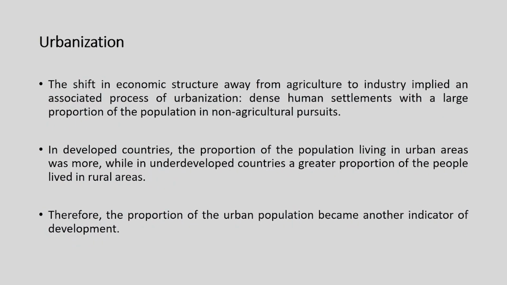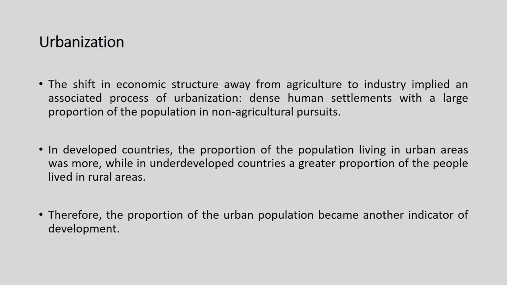Then another indicator of development, that is urbanization, is included here for discussion. That is, the shift in economic structure away from agriculture to industry implied an associated process of urbanization: dense human settlements with a large proportion of the population in non-agricultural pursuits.